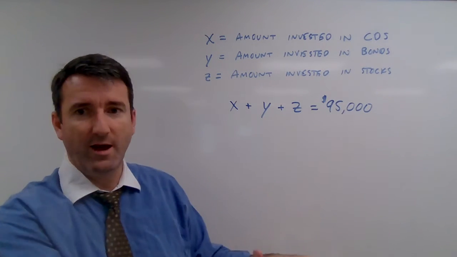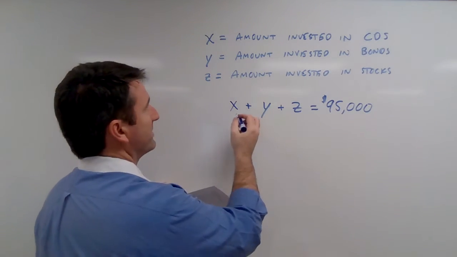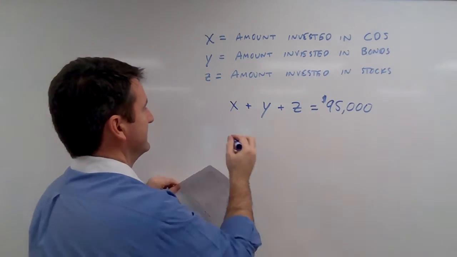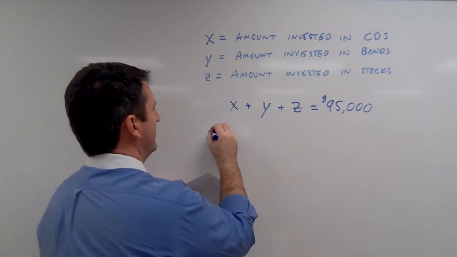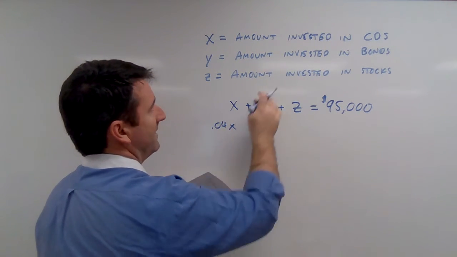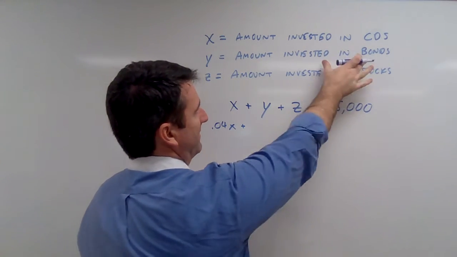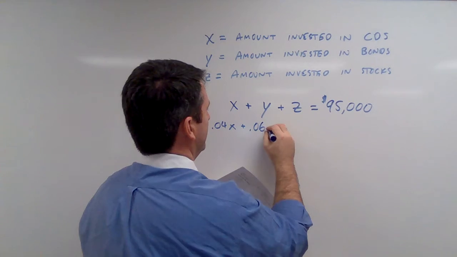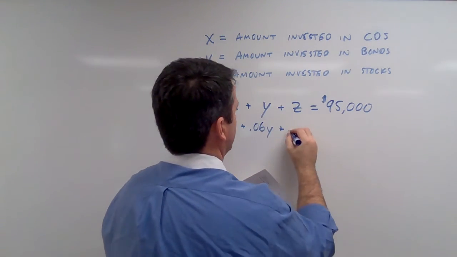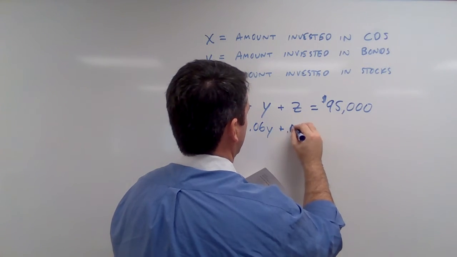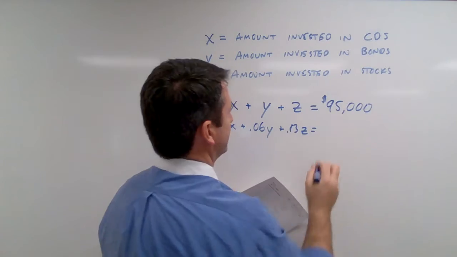The total return on that investment is 4%, or 0.04, times the amount invested in CDs, plus 6%, so 0.06 times the amount invested in bonds, plus 13%, so 0.13 times the amount invested in stocks.